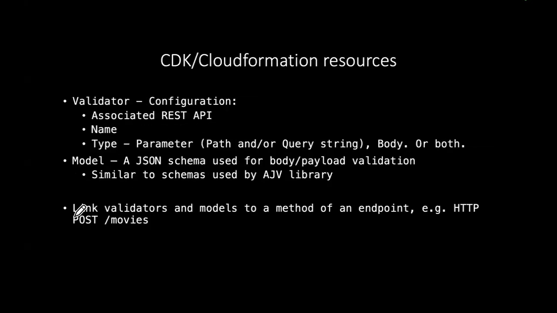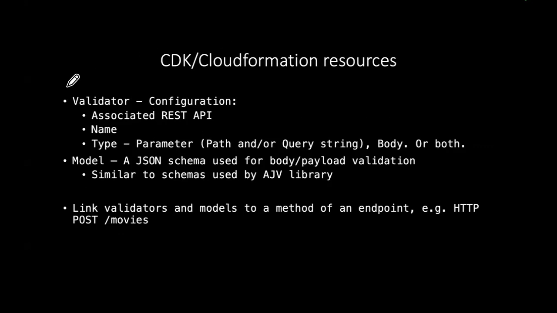And we express all of this in our CDK code, in the stack code, which, as we know, translates into CloudFormation. But there are kind of low-level API Gateway resources that we need to create in our CDK stack file to achieve all of this.